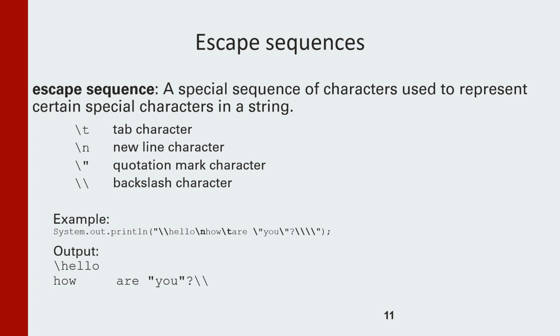So for example, you could write System.out.println, you open with quotes, and then you can experiment with different \t and \n combinations, and it'll give you a weird kind of output. Well, it's the output that you told it to give you.